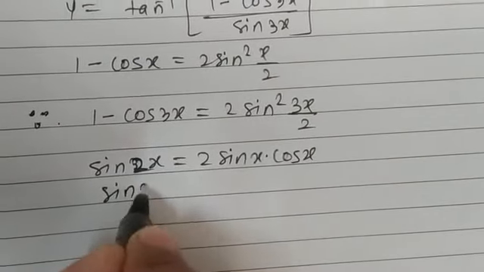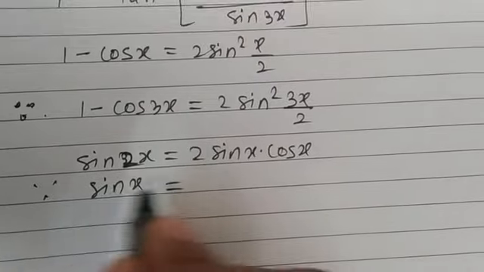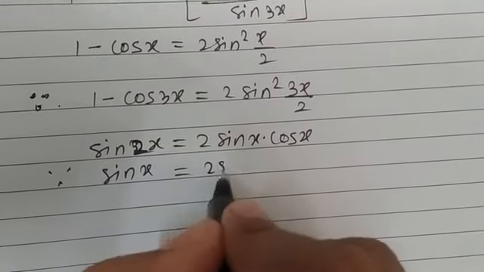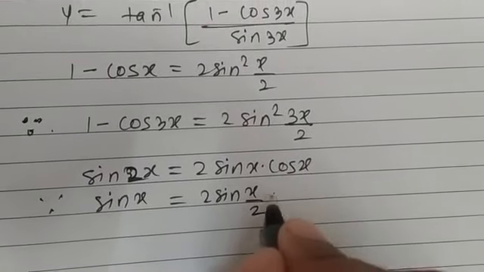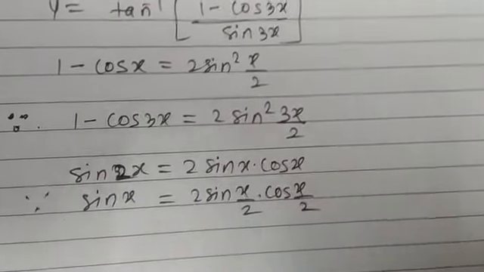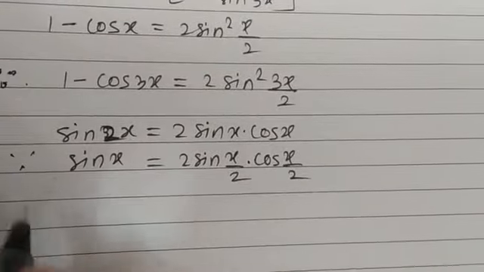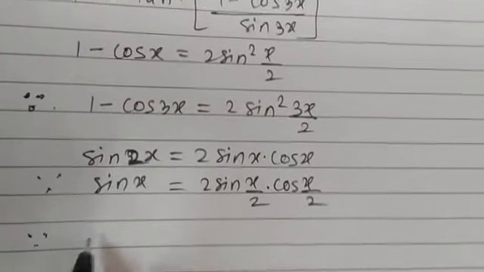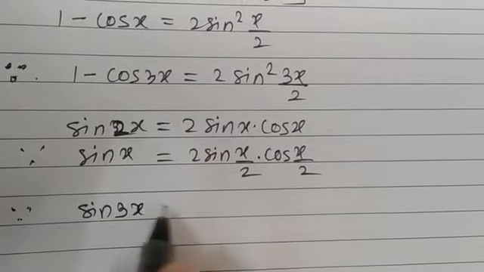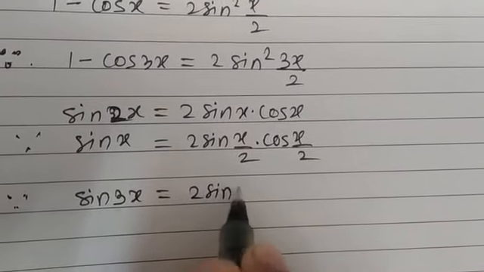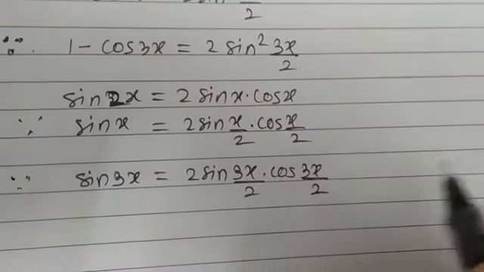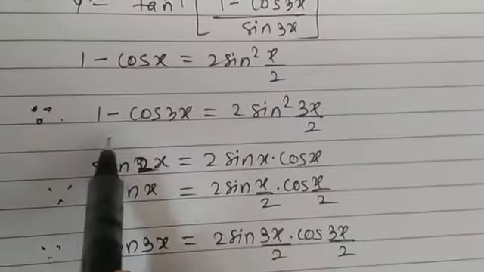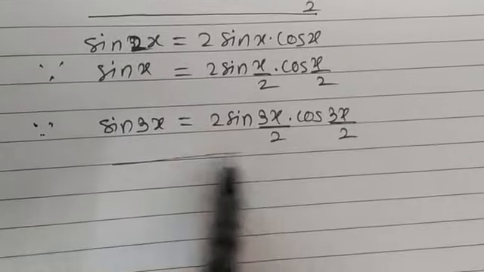Therefore, from this, the half angle formula is sin x is equal to 2 sin x by 2 into cos x by 2, and therefore the formula for sin 3x is 2 sin 3x by 2 into cos 3x by 2. So now we are going to apply this formula and this formula in our original terms.